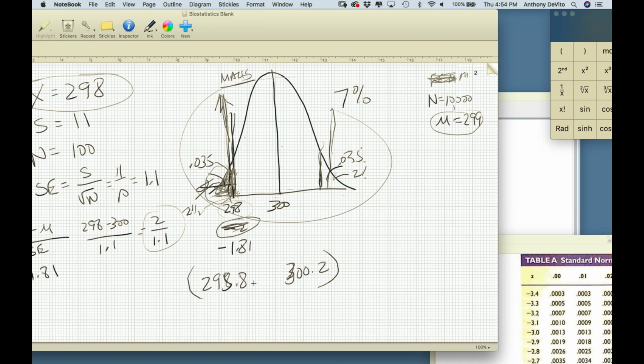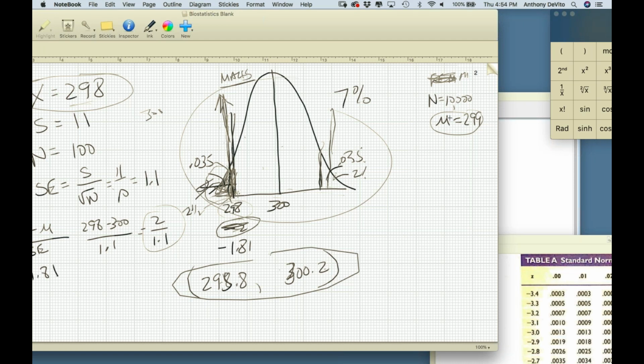We're 95% sure the true mean for this population is between 295.8 and 300.2. I don't know what the mean is. We know it's 300, but I don't. The only thing I know about it is I think it's between those two.